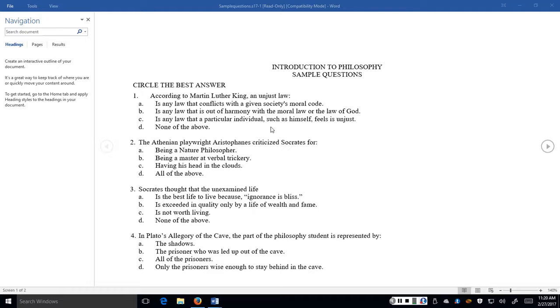How about D, only the prisoners wise enough to stay behind in the cave? Well, nobody wants to volunteer, but here, of course, it's the prisoner who was led up out of the cave. That's the person who's taken the philosophical journey toward enlightenment, toward true knowledge for Plato.